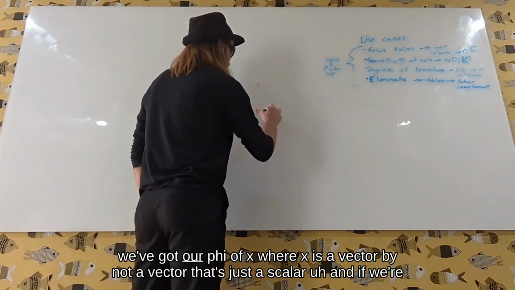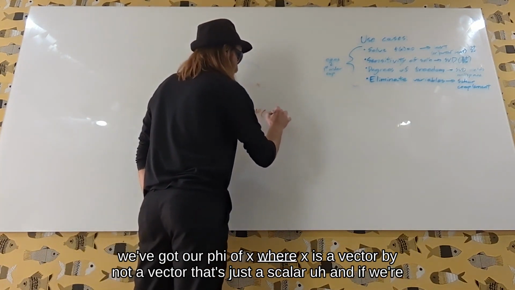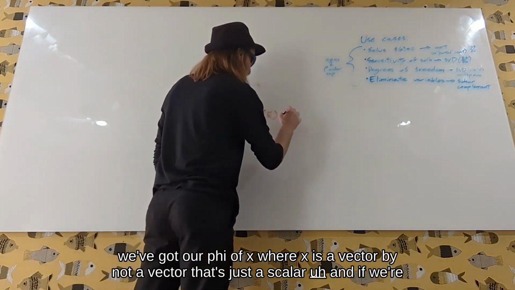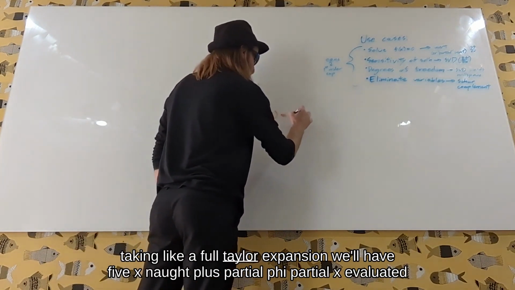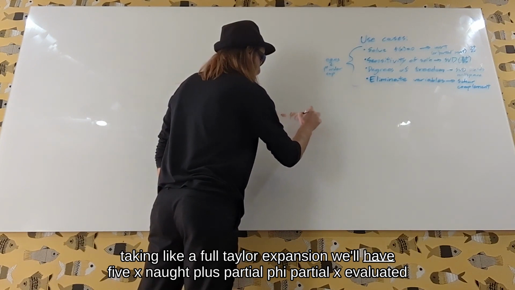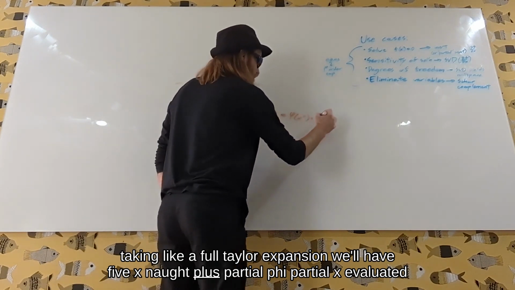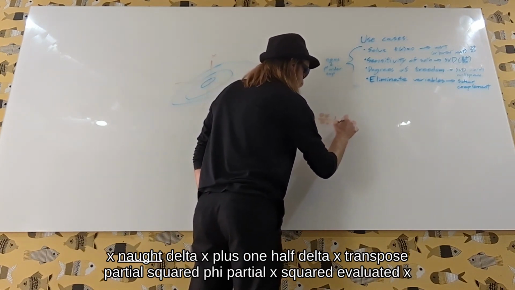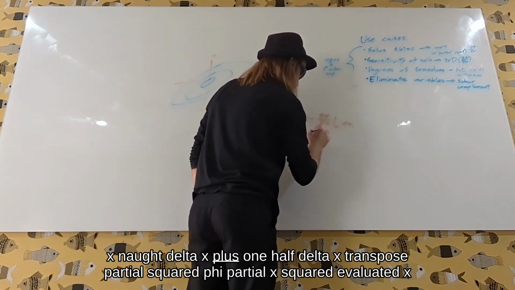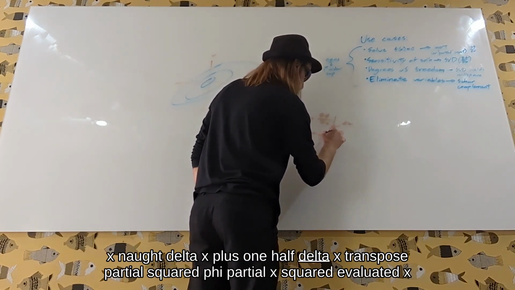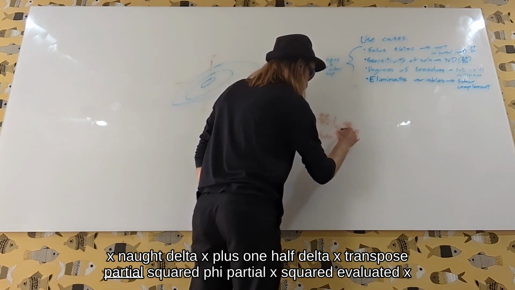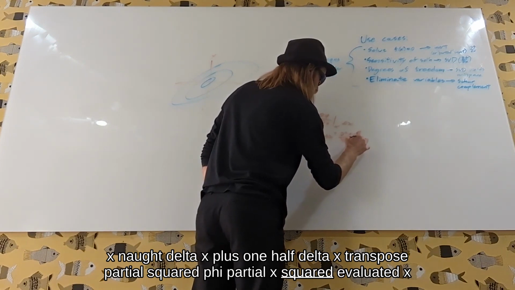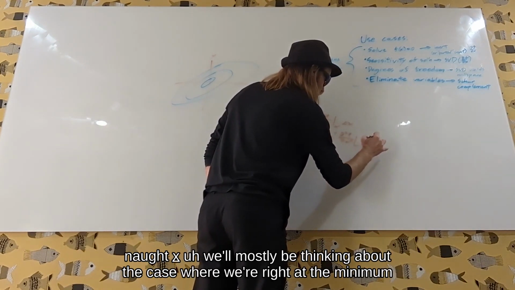So anyway, we've got our phi of x, where x is a vector and phi is not a vector, that's just a scalar. If we're taking a full Taylor expansion, we'll have phi of x naught plus partial phi partial x evaluated at x naught times delta x, plus 1/2 delta x transpose partial squared phi partial x squared evaluated at x naught times delta x.